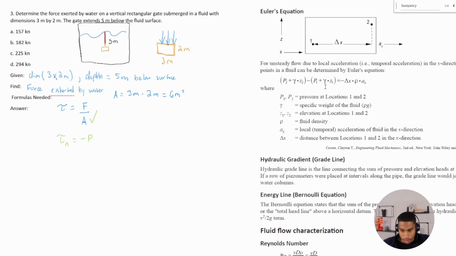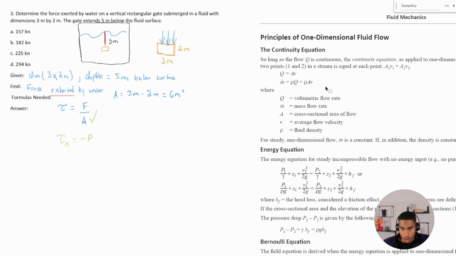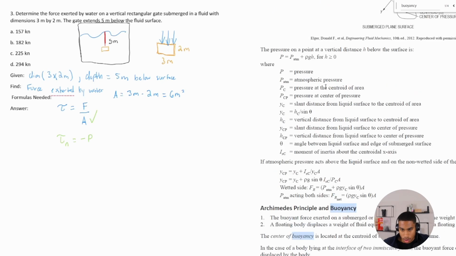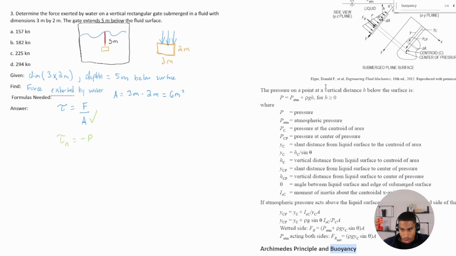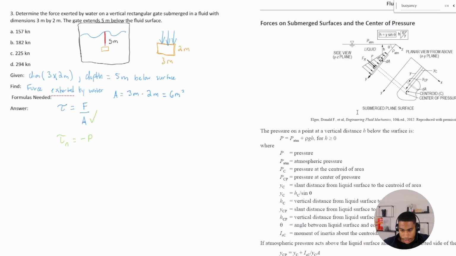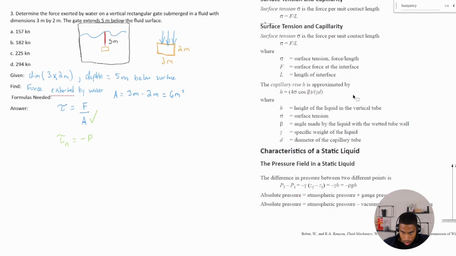Pressure should just be rho g h. Most of the time we're negating atmospheric, but in this case, yeah, the difference in pressures, if there's some different fluids, it's just going to be negative rho g h, the difference in pressures.